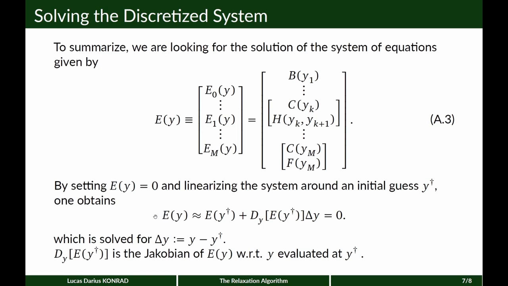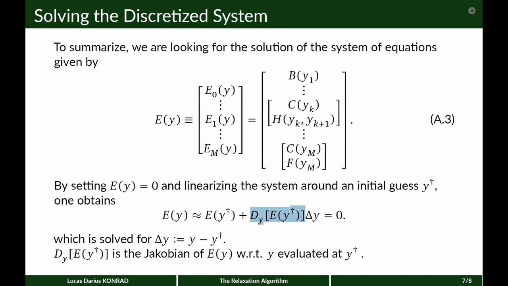And if we do this, we get the starting point, so this is the level, this is the first order Taylor expansion of our system of equations, so our linearized system of equations. We evaluate it at the initial guess, plus, and this is now the change, the Jacobian of the system of equations with respect to the variables of interest, so with respect to y.